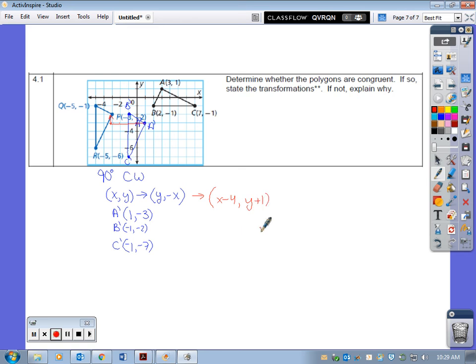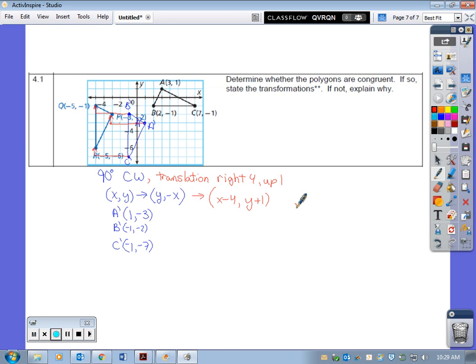And let's double check and make sure that's true for all of these. So C primed, we're going to go back 4, up 1. And B primed, we're going to go back 4 and up 1. Okay, so the first thing we did was a 90 degrees clockwise turn, and then we're going to do a translation or a slide, right 4, up 1.